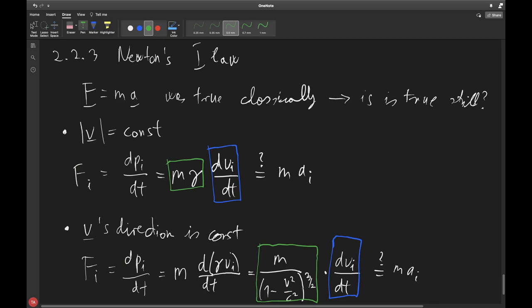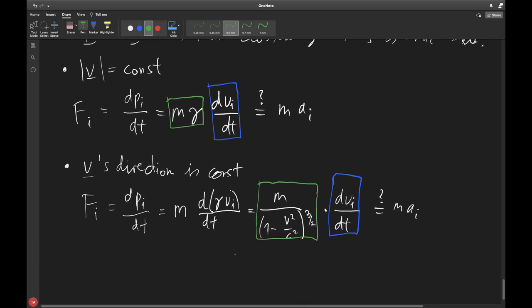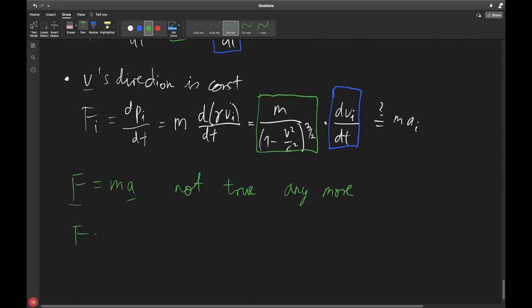That means that F equals ma is not true anymore. But saying that F is the same as the derivative of p is still true.